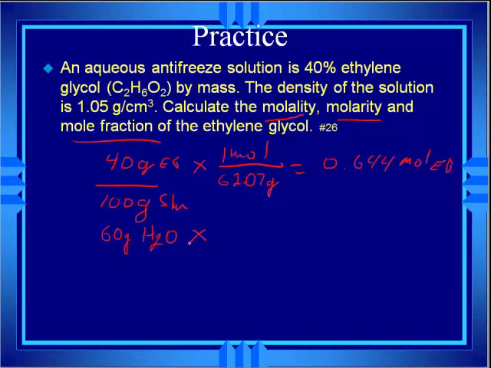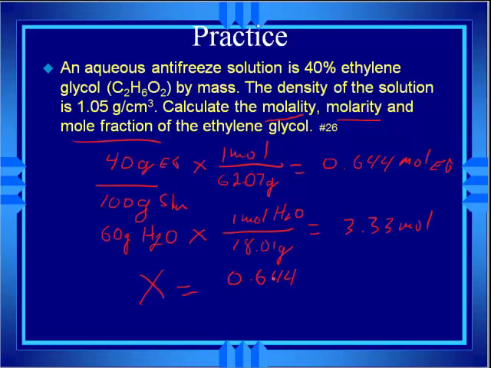So again, I'm going to find the moles of water. 1 mole of water happens to weigh 18.01 grams, and when I calculate that out, I get 3.33 moles. So then to get the mole fraction, I'll put a chi sign, which is my 0.644 moles of ethylene glycol divided by total moles.